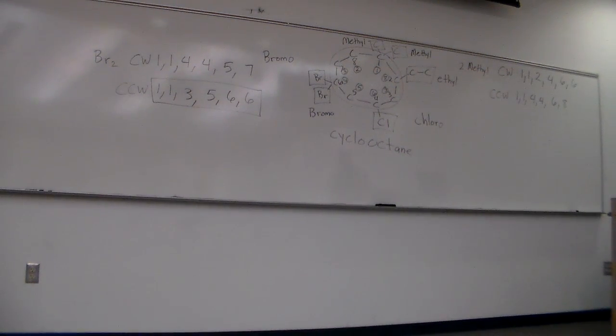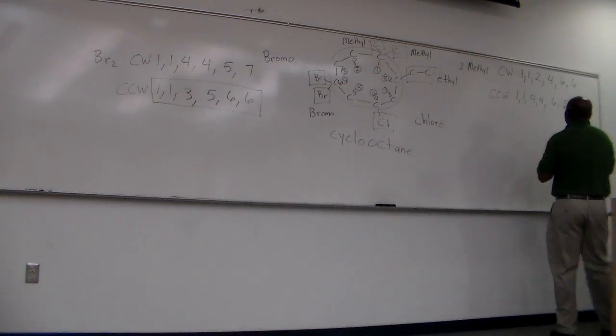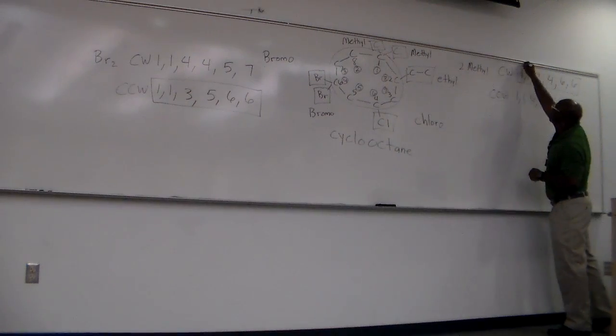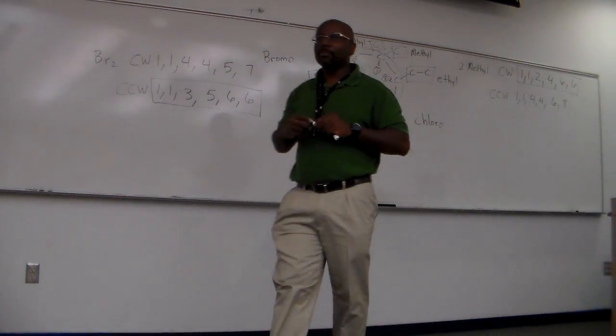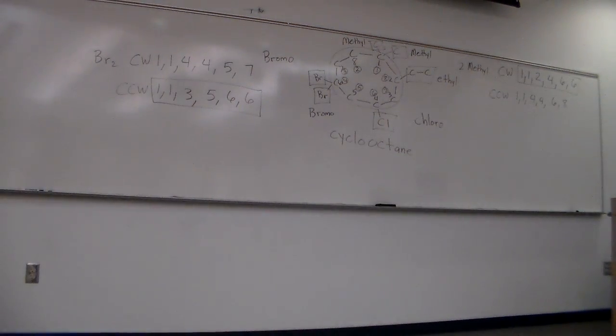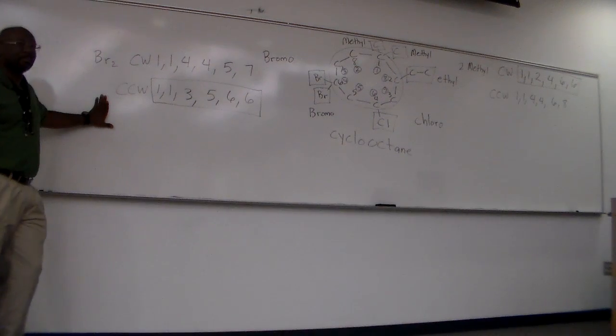Now for the methyl group, which is my lowest number combination? The lowest is 1, 1, 2, 4, 6, 6. This is my champion to represent the methyl group, the lowest combination for the two methyl groups. And the other is my lowest combination for my two BR groups.